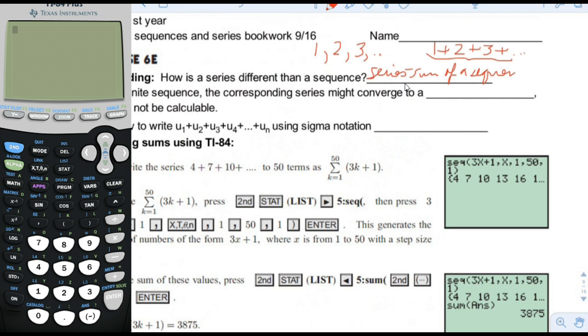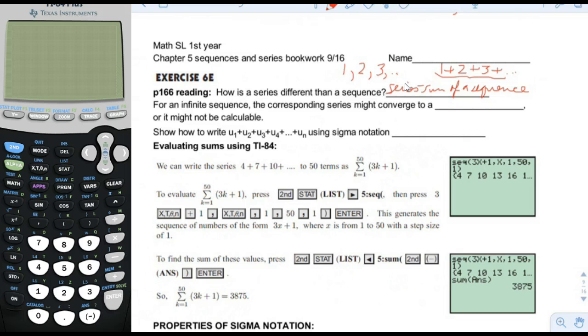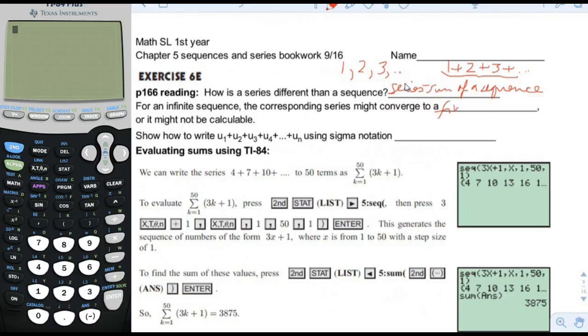For an infinite sequence, the corresponding series might converge to a finite number, or it might not be calculable, which means it would be infinity or negative infinity.